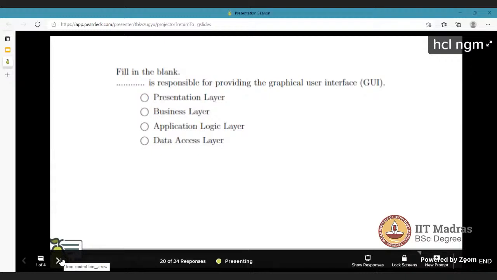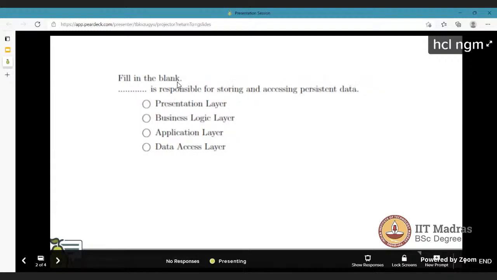Yes, next question. So the next question is, which among these layers is responsible for storing and accessing persistent data? Again, you all can answer in the text box. We'll wait for some time.